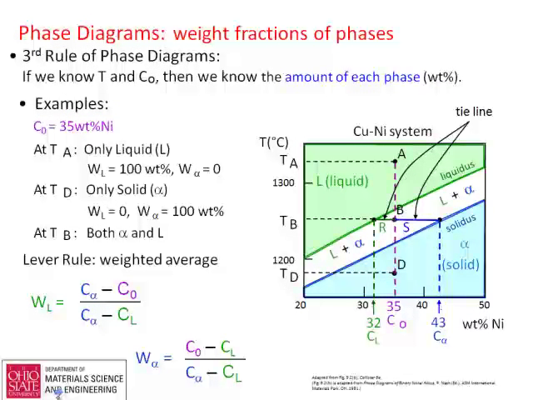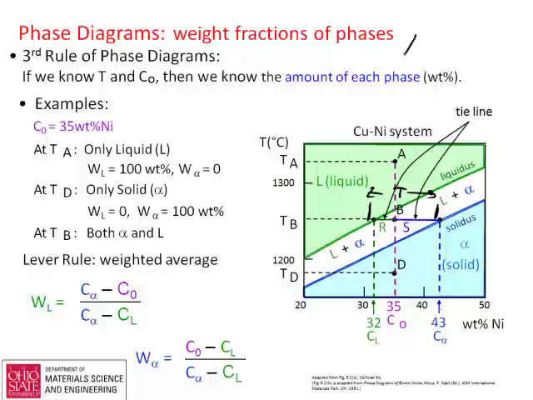The third thing we can get is the weight fraction of each phase. I'm not going to do too much with this, but basically if the actual composition point gets really close to the solidus over here, then you expect it to be mostly solid. If it gets really close to the liquidus over here, it's mostly liquid. So we call this total length T, from here to here.